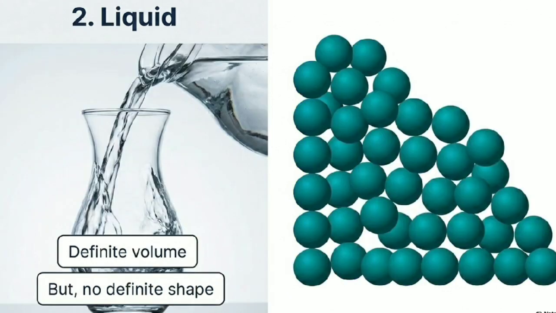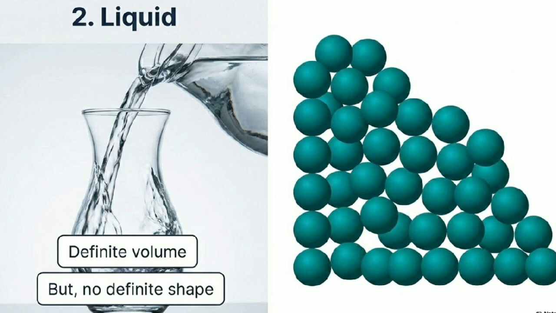Next we have liquids. A liquid has a fixed volume but no fixed shape. Examples: water, milk, juice. When water is poured into a glass, it takes the shape of the glass. When milk is poured into a bottle, it takes the shape of the bottle.